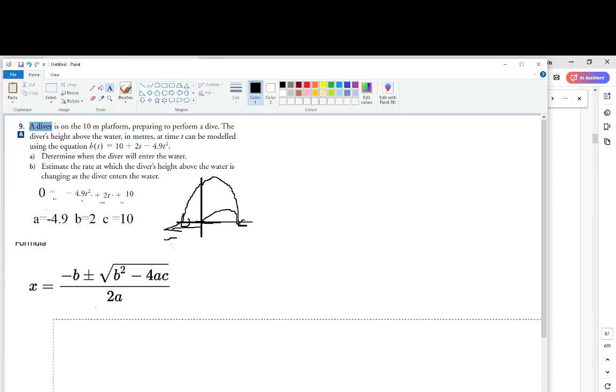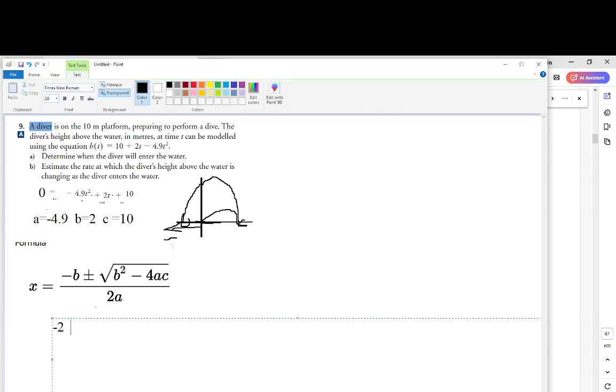So we're talking about one version that's negative 2 plus the square root of b squared, which is 4, minus 4 times a c. A is negative 4.9, and c is 10. It's quite clear that this one will become positive because it's negative 4 times negative 4.9. 4.9 times 10 is 49.